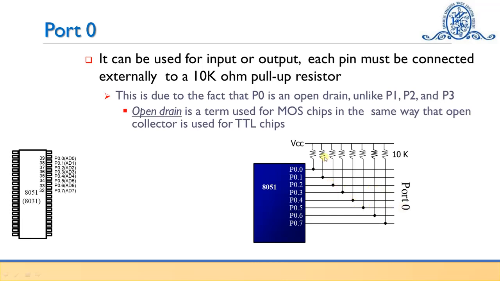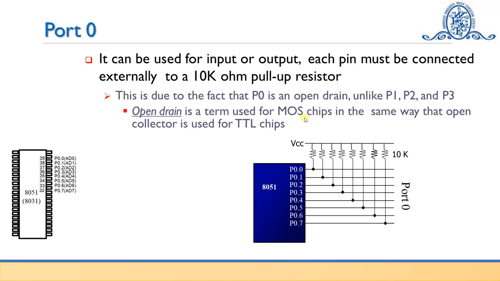This is how the port is connected to the pull-up resistors. This is due to the fact that P0 is an open drain, unlike P1, P2, P3, which are not open drain.